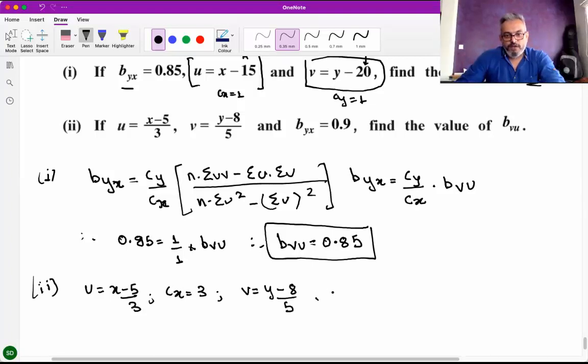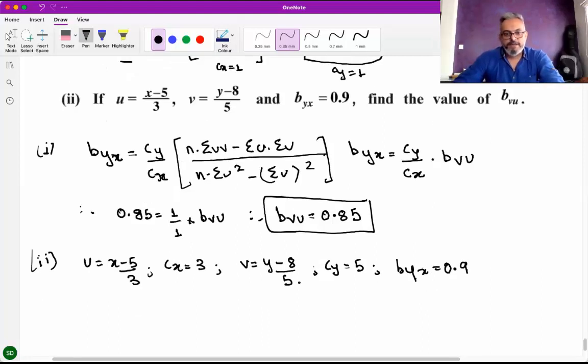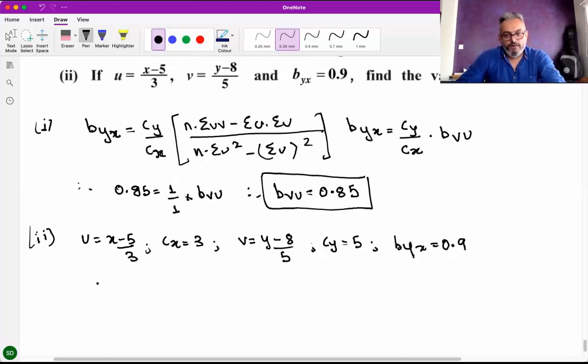So c of y is equal to 5. b_yx is equal to 0.9. Let's find out b_vu. So the formula is b_yx is equal to c of y upon c of x into b_vu.